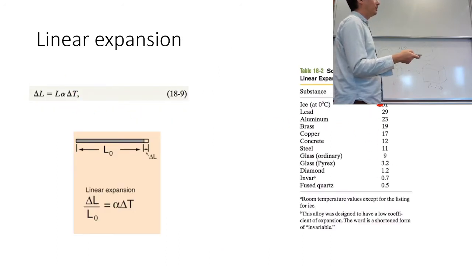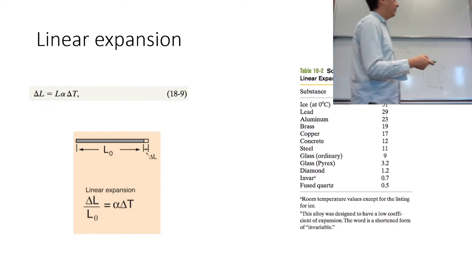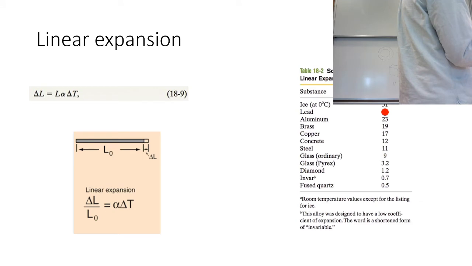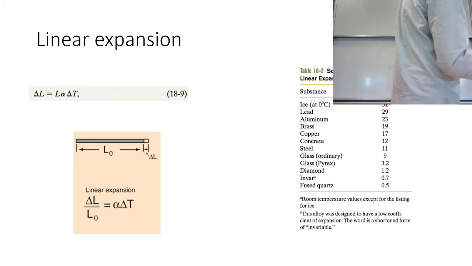So it's got units of some value per degree, right? So this is the fractional amount that it increases per degree. You might like to think of this as a percentage, right? So this is say 51 times 10 to the minus 6.